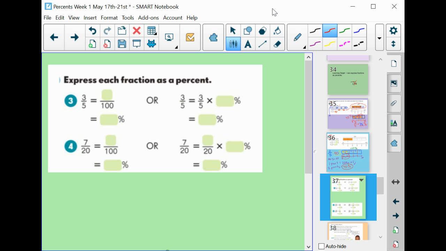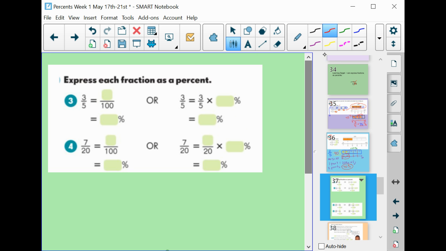So the first thing that we're going to do is we are going to use equivalent fractions for this. So you can draw a model if you want to. You can break 100 into 5 pieces and find out what each one of those 1/5 pieces is equal to, and then you can multiply that times 3.